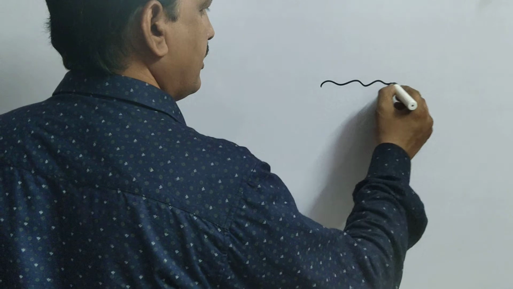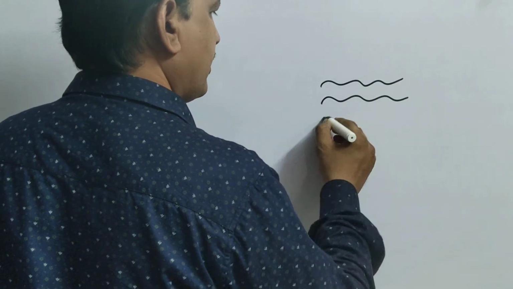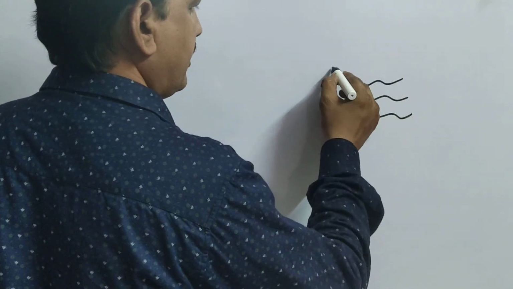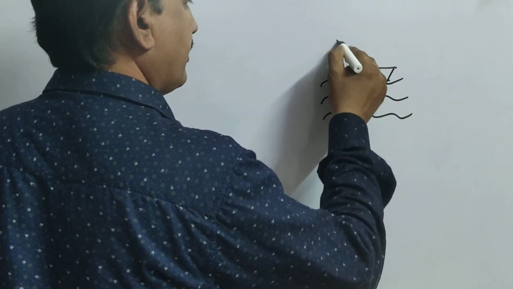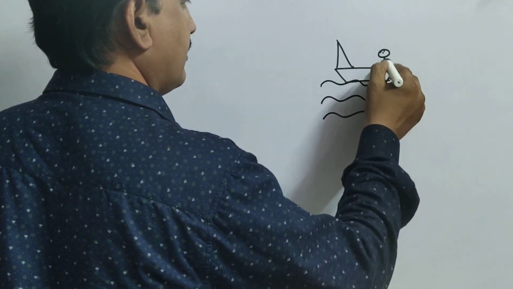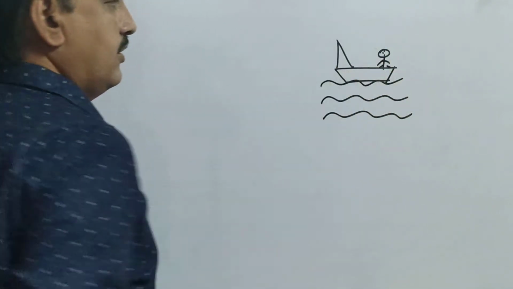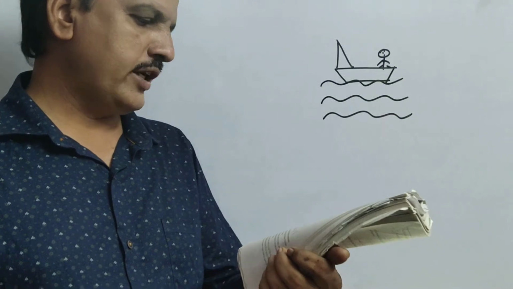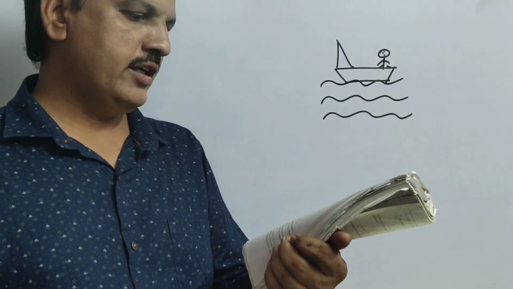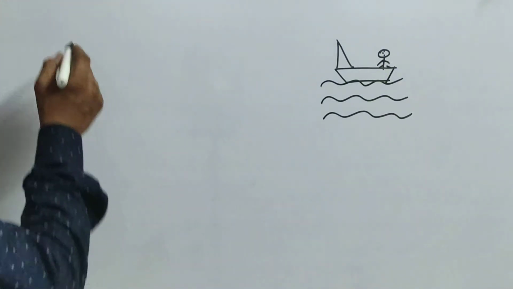So here, if you clearly observe, there is water and here there is a boat. Now, the question is, Ritu can row downstream and upstream. Actually, what is this downstream and upstream?